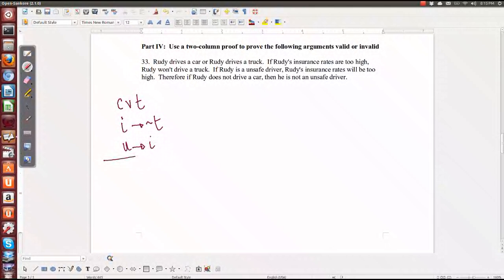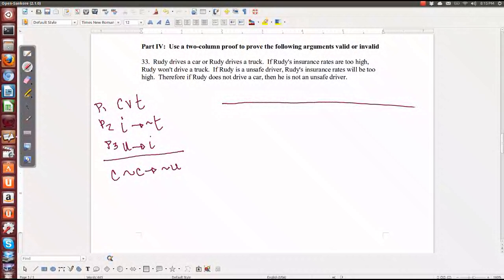Therefore, if Rudy does not drive a car, he is an unsafe driver. He is not an unsafe driver. So negation U. So these are my premises. And my conclusion.